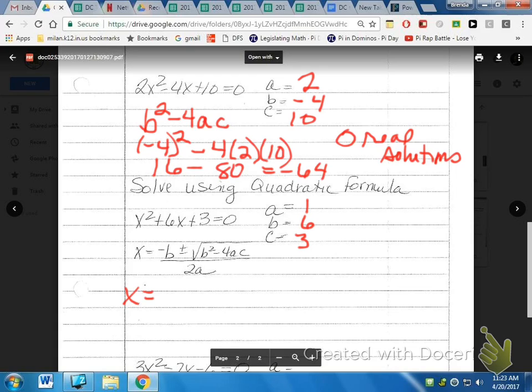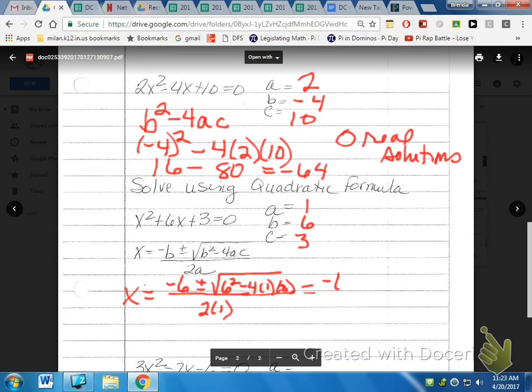X equals, and when I go through, I just start plugging in. So negative B would be negative 6 plus or minus the square root of 6 squared minus 4 times 1 times 3 all over 2 times 1.